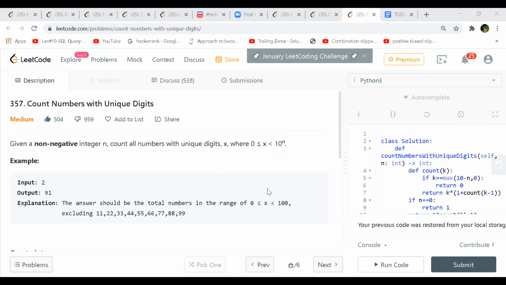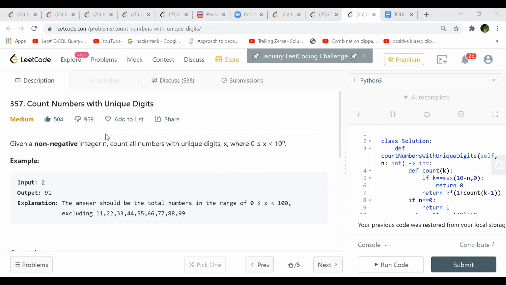Okay, so let's actually do this the basic way. How do we proceed in this? So actually the brute force will be just go through the numbers from 0 to 99 and then look for the combinations. If they have the same digit combination, just ignore them and then keep on counting.